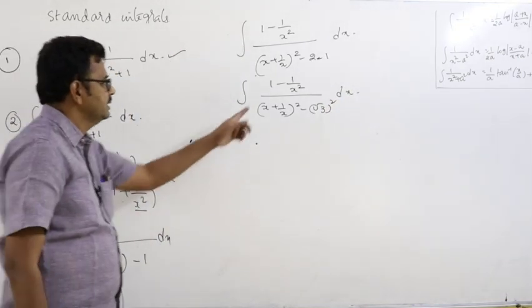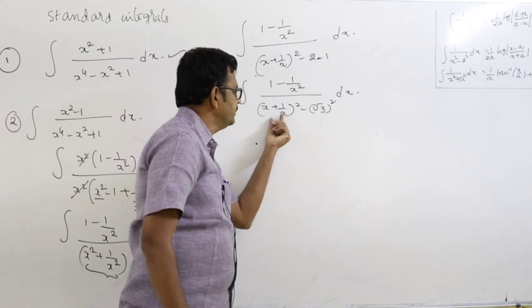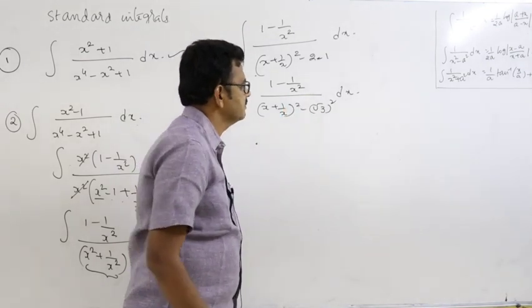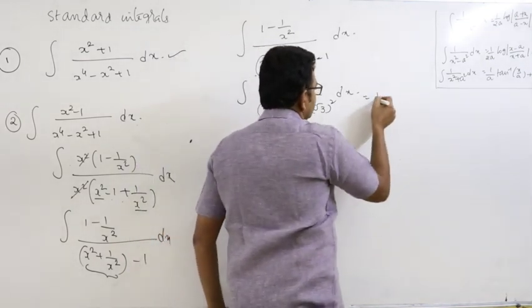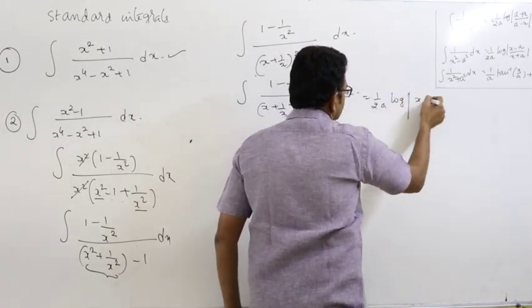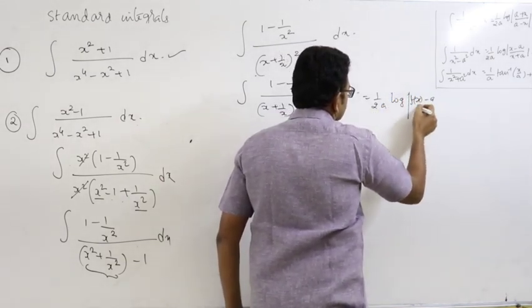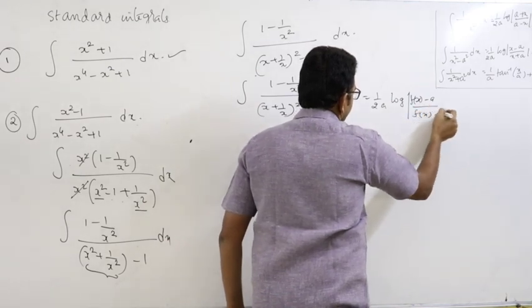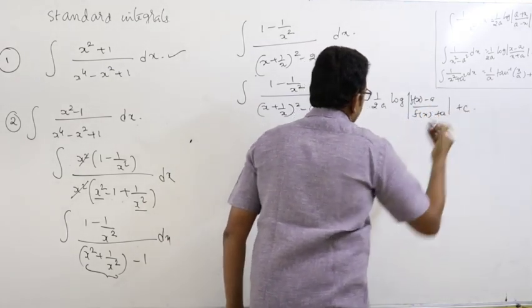Now this is just like f dash x by f of x whole square minus a square. The formula is 1 by 2a log mod of f of x minus a by f of x plus a. This is the formula.